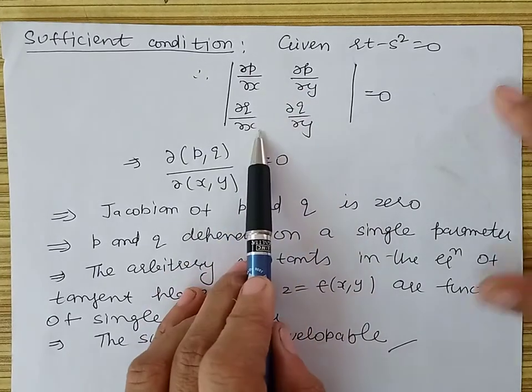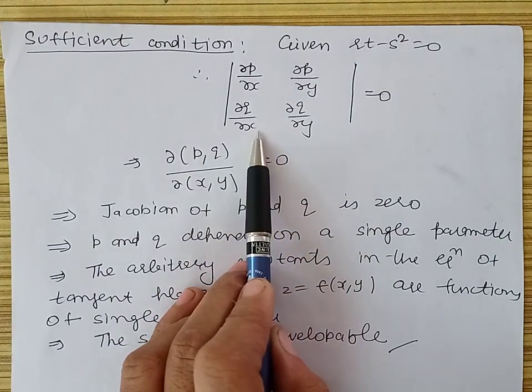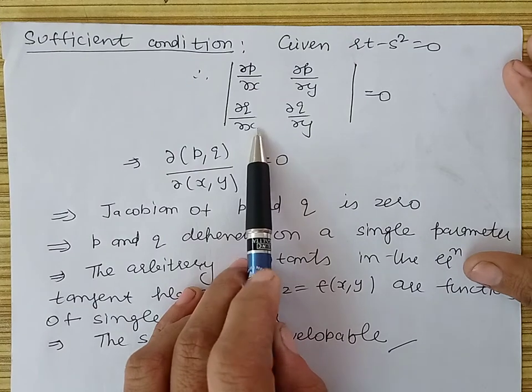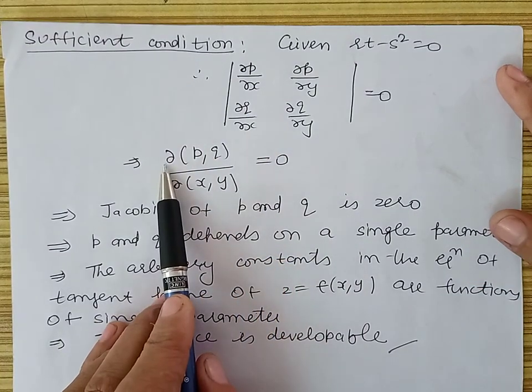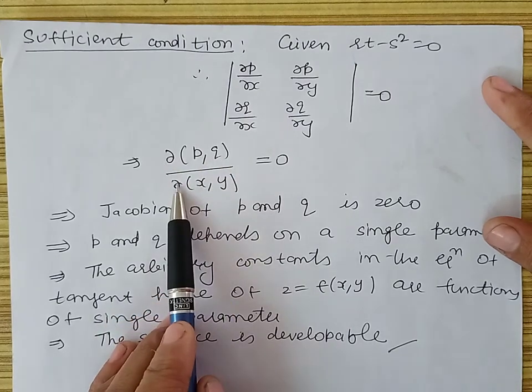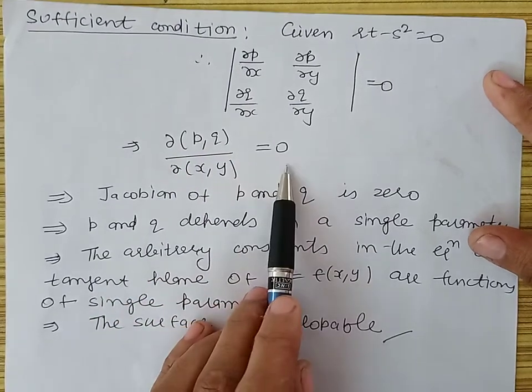This is actually the Jacobian of the functions P and Q with respect to X and Y, and thus we have obtained the Jacobian of P and Q with respect to X, Y that is 0.